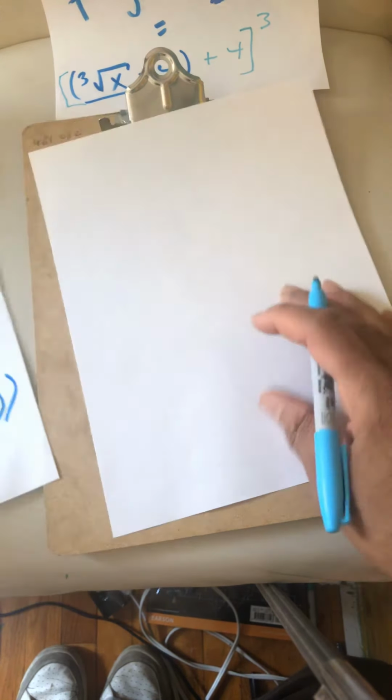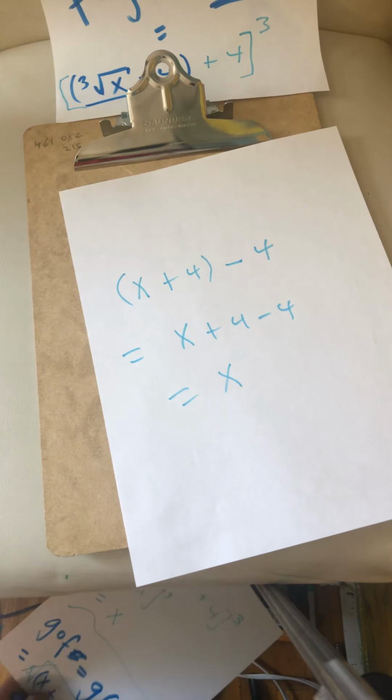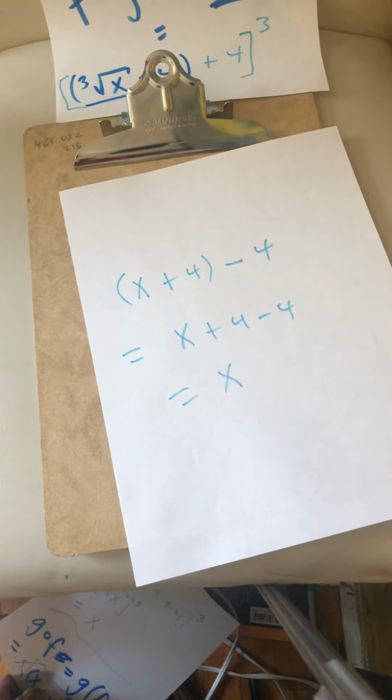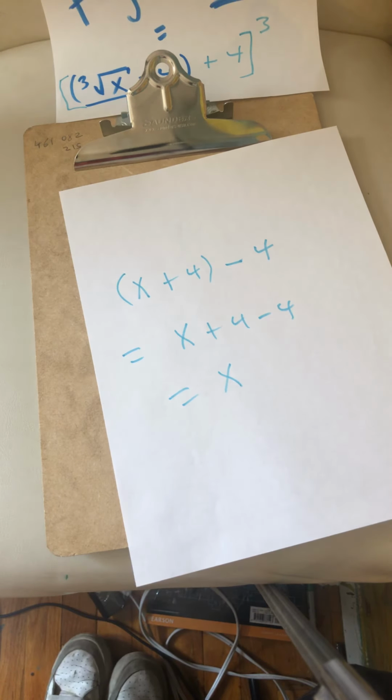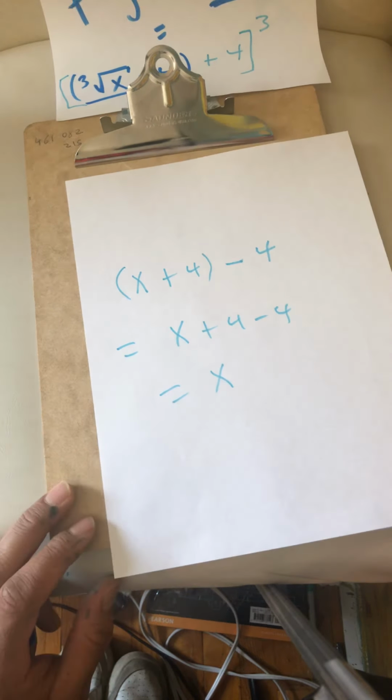So you have left over, in your parentheses, just x plus 4, the radical is gone, and now you're subtracting 4. So it's going to be x plus 4 minus 4, which is going to be x. So what you just showed in 13b is that G and F were inverses of each other. So that was 13b.